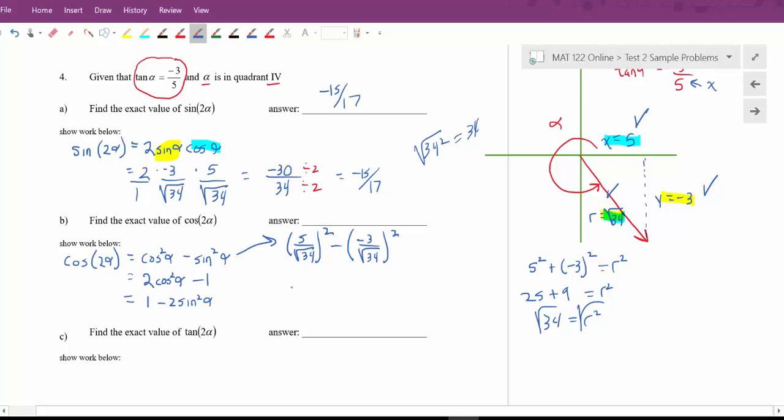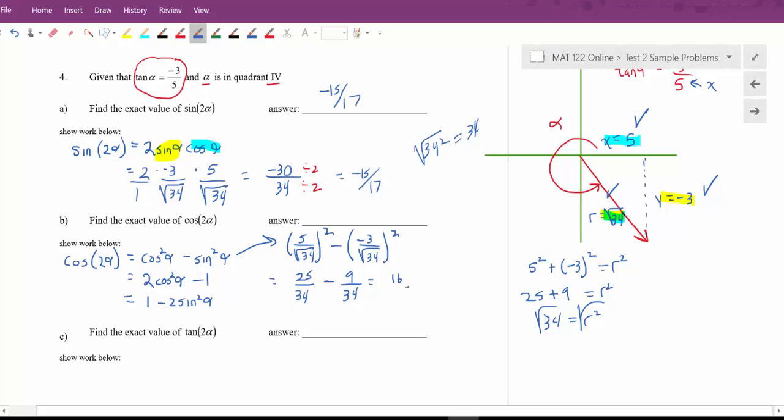So you're going to end up basically having 5 squared is 25. Square the radical, that becomes 34. You have minus, and then negative 3 squared is 9 over 34. All right, then when you do 25 minus 9, it should give you the answer to that problem after you reduce it.